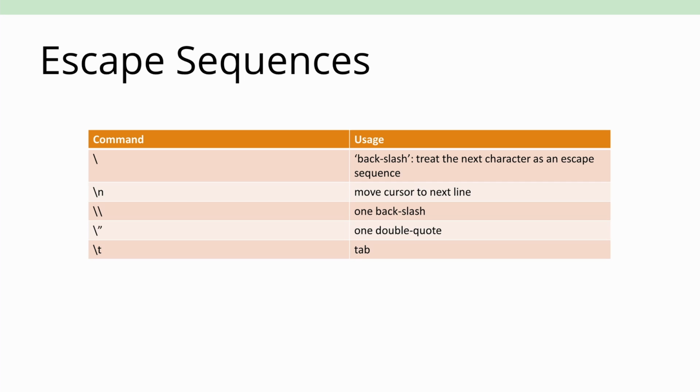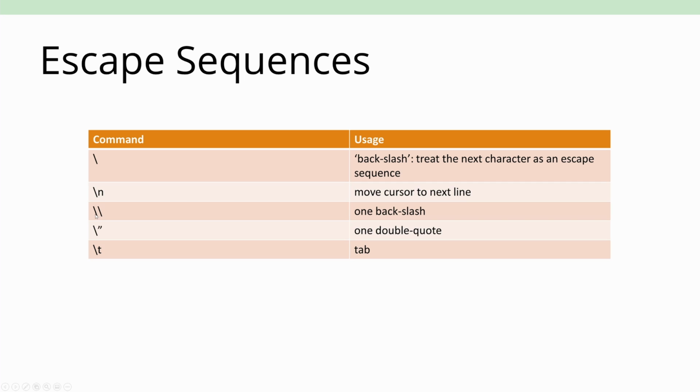What it does is it says, treat the next character you encounter as an escape sequence. So we have 4 that we're going to be talking about today. We have backslash n. So when the code runs to a backslash and it sees the next character is an n, it's going to treat that backslash n as an enter. So move cursor to next line. Kind of like the print line command, right?